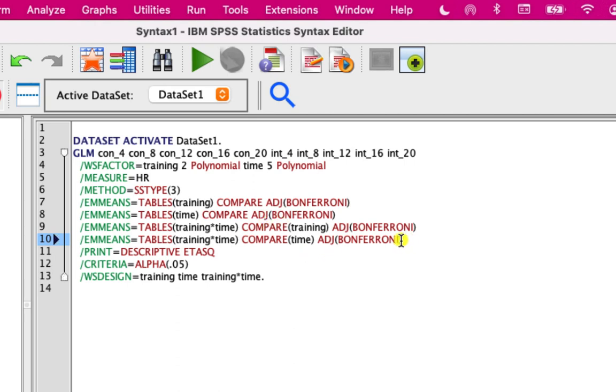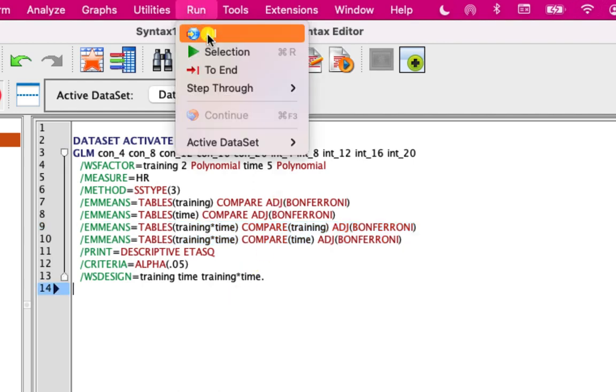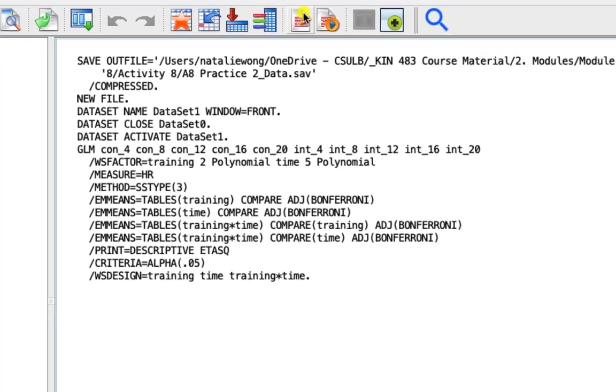Okay, so now I have my simple main effects tests, or the pairwise comparisons for my interaction effect, set up appropriately. I can go to run all, and that will give me my output.